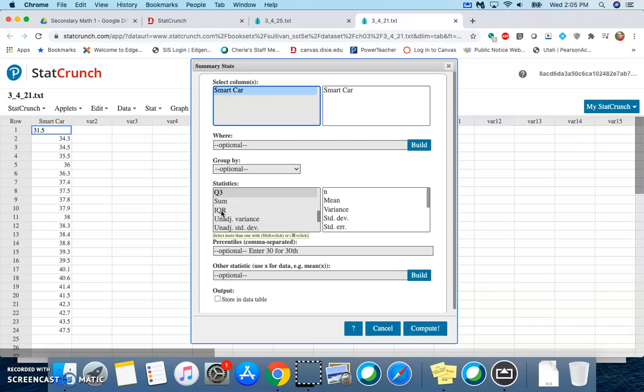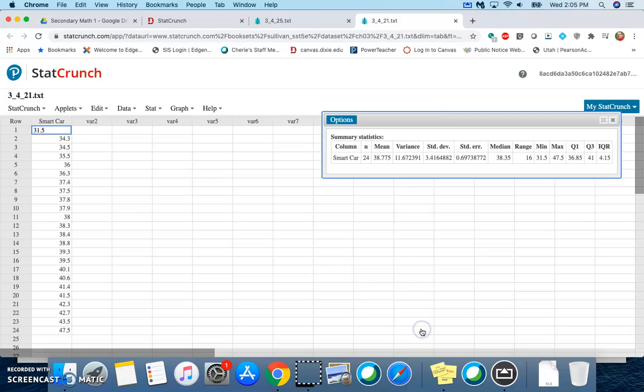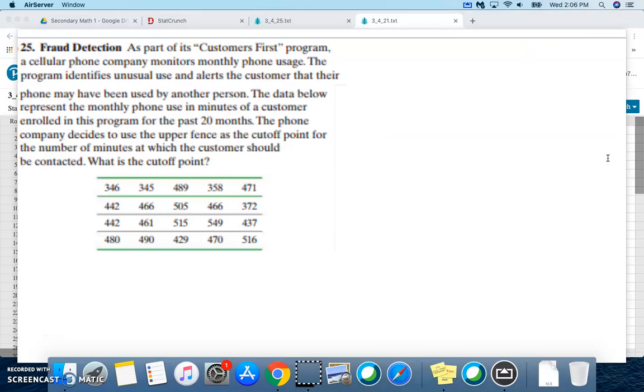On a Mac, I'm just going to hold the Command key and select the IQR. On a Windows computer, I believe it's the Control key. So I'm going to compute this, and you can see Q1 of the data set is 36.85, Q3 is 41, and the difference between those, 41 minus 36.85, is 4.15, which is our IQR.